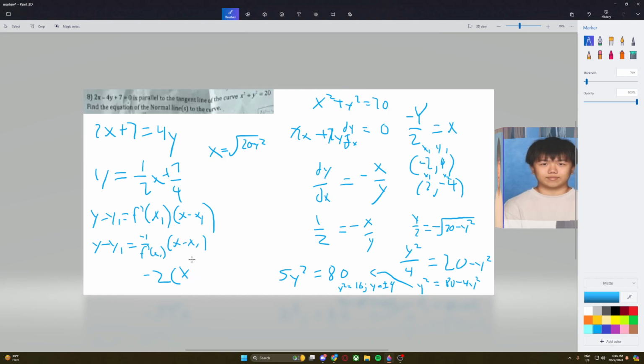Let's use this one: y minus 4 equals negative 2 times x plus 2, and another equation is y plus 4 equals negative 2 times x minus 2. These are the answers.